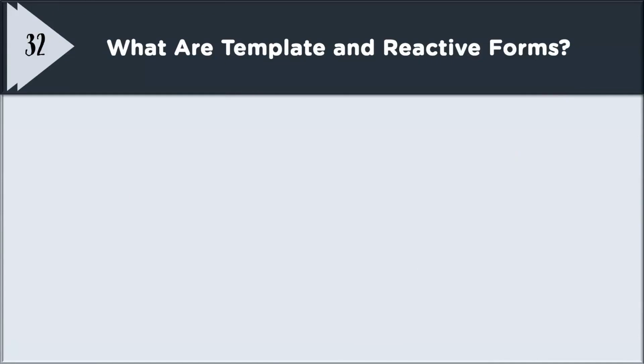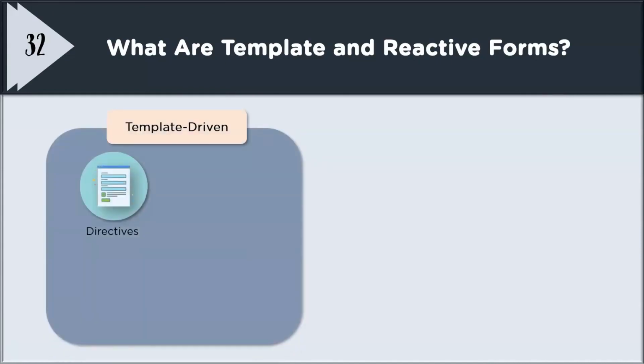Next up, what are template and reactive forms? So there are two different methods to create forms. We have the template driven approach and we have the reactive form approach. So let's have a look at them. In case of template driven approach, the conventional form tag is used to create forms. Angular automatically interprets and creates a form object representation for this tag. Controls can be added to the form using the ngModel tag.